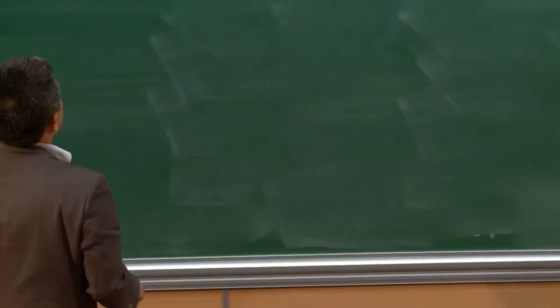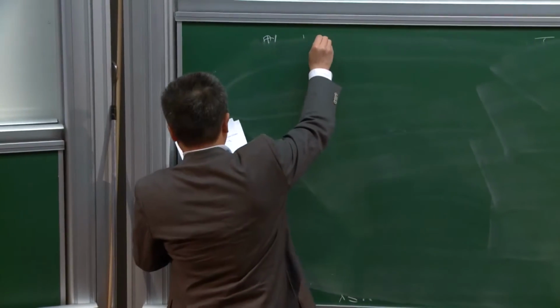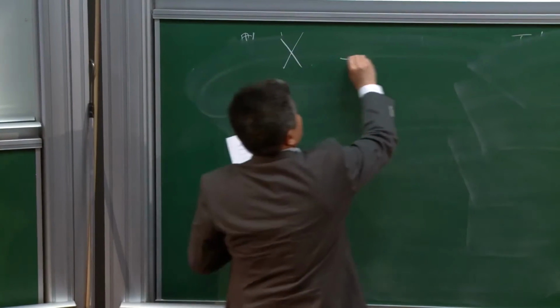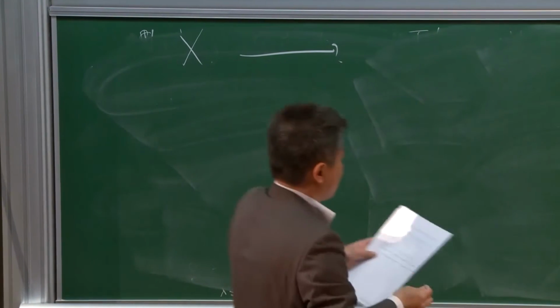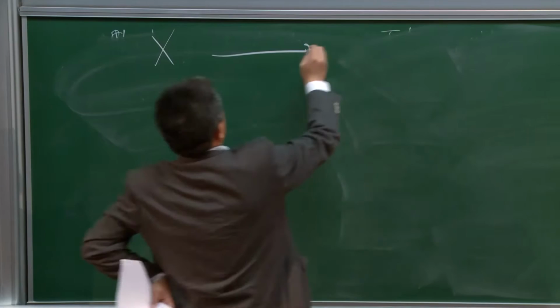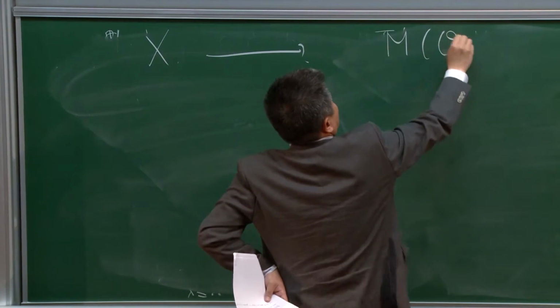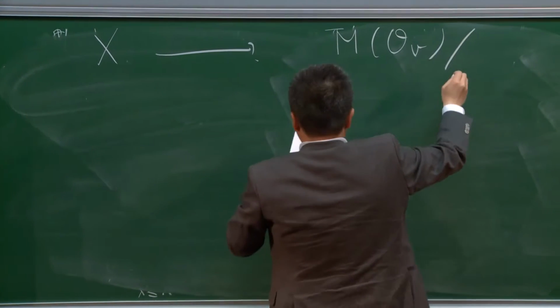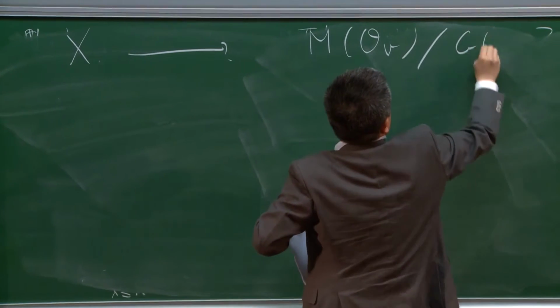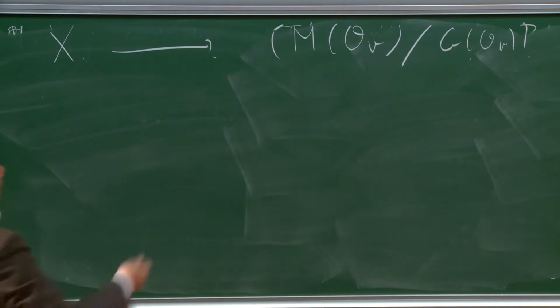That means X can be mapped locally to M of OV mod GOV, and stack it if you like.